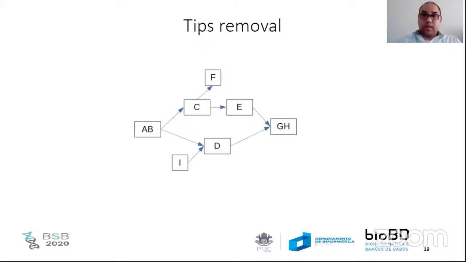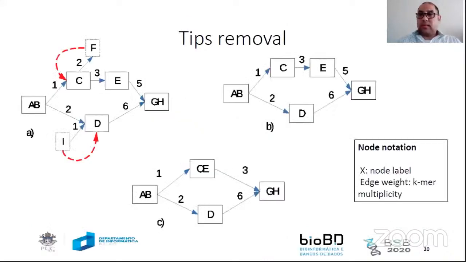Next, we have tip removal algorithms. In this operation, the vertices having an in edge, for example F, or an out edge, for example I, are identified as potential tips, and a message is sent to the neighbors. The vertices that receive the message, for example C and D, determine if they can eliminate the tips or not.